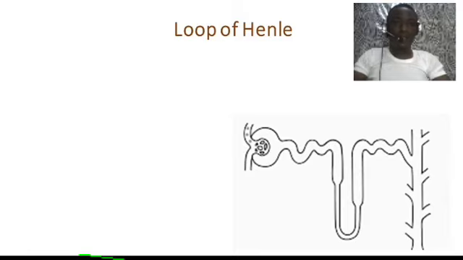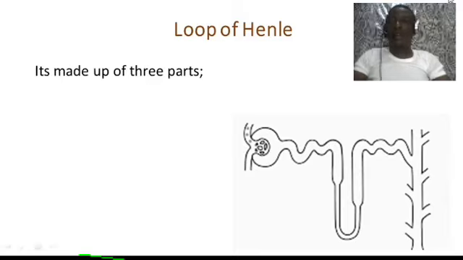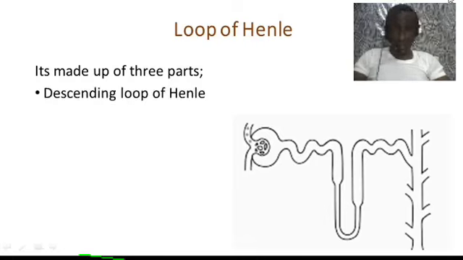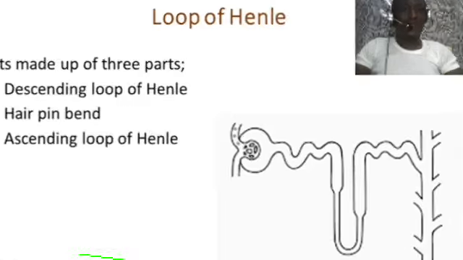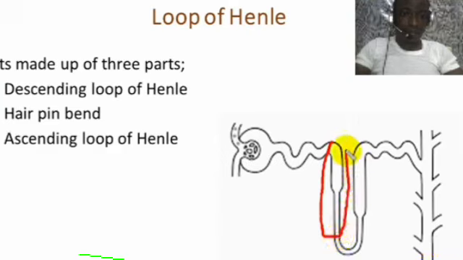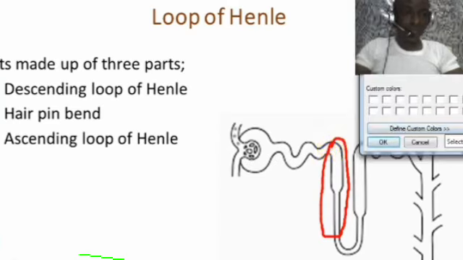The loop of Henle is made up of three distinct parts. The first part is the descending loop of Henle. The second part is the hairpin bend, and the third part is the ascending loop of Henle. Just for clarity, this part, the circled part, forms the descending loop of Henle.